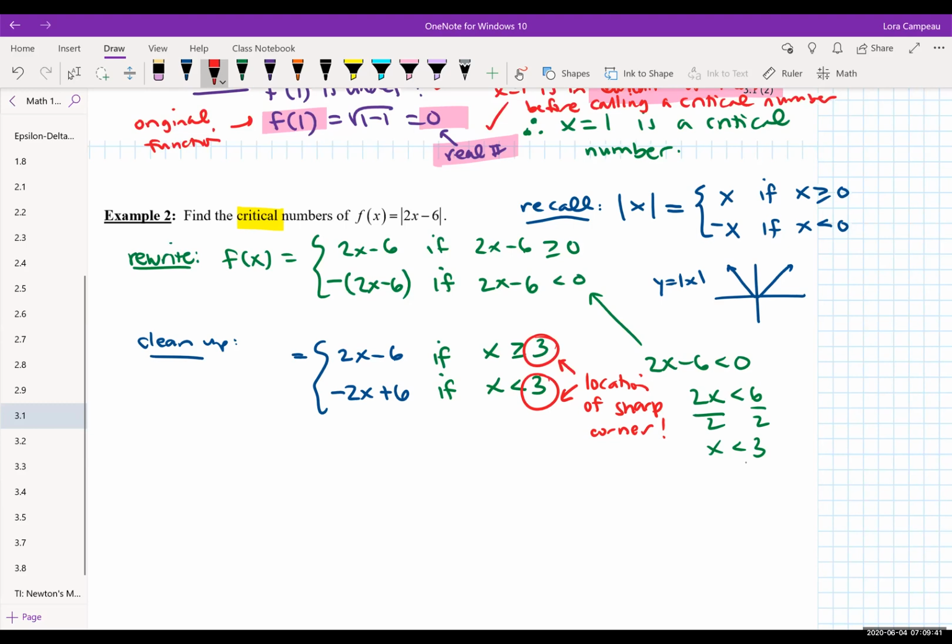So at this point, now that we have rewritten f of x as a piecewise function, where both of those pieces have very friendly derivatives, we can now take the derivative.